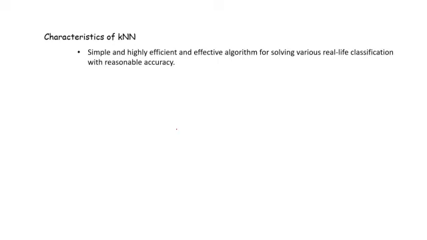I'm going to show you in the last part why I'm saying that this is quite an effective algorithm. It's surprisingly effective, in fact, for solving real-life classification with reasonable accuracy and, in fact, pretty high accuracy, more than 90% accuracy. And that's very interesting.